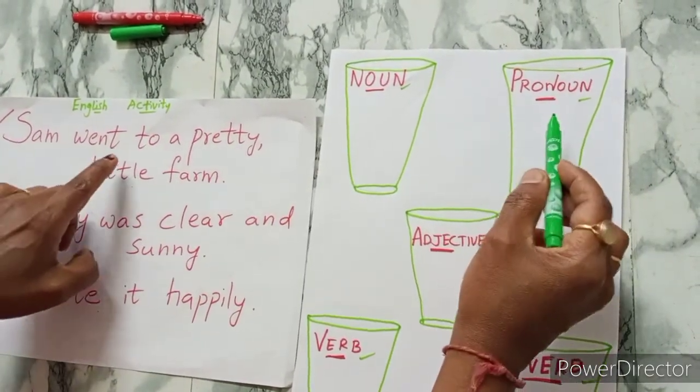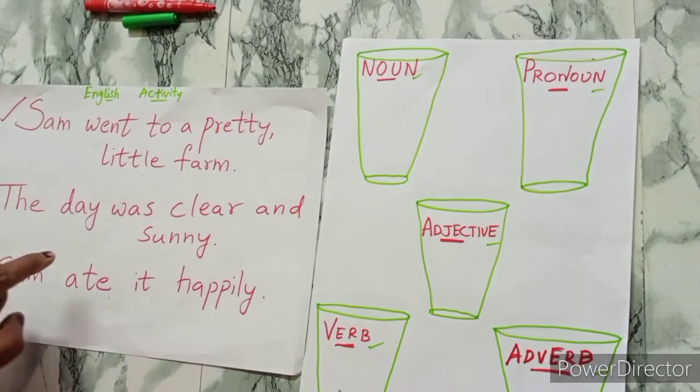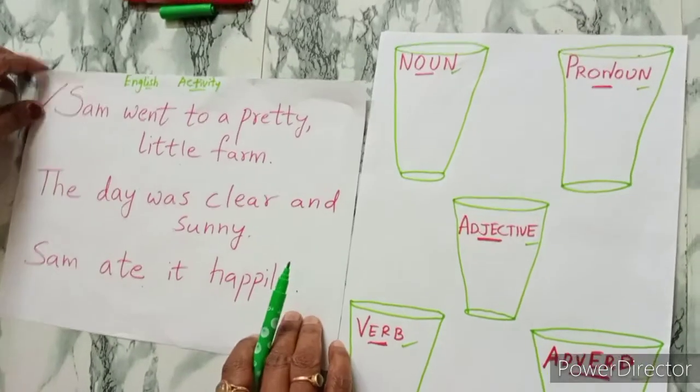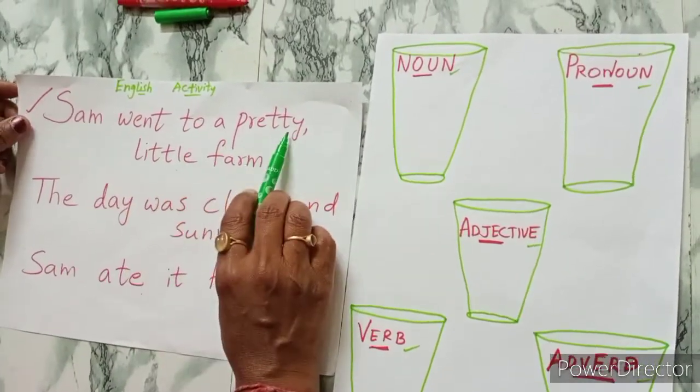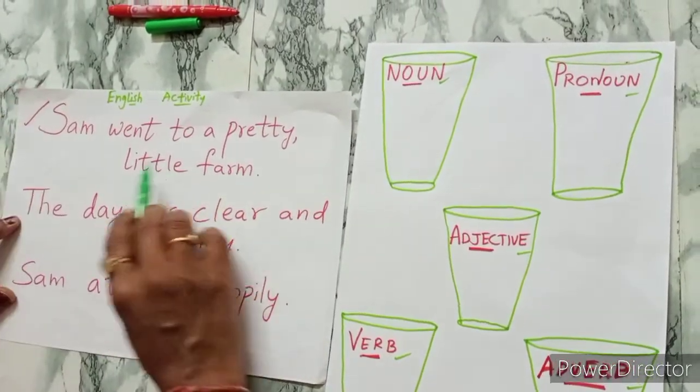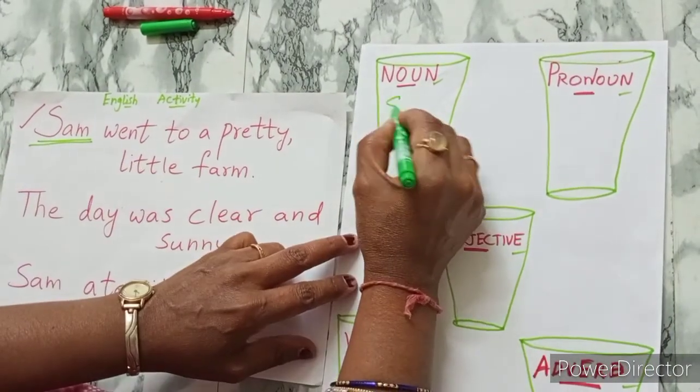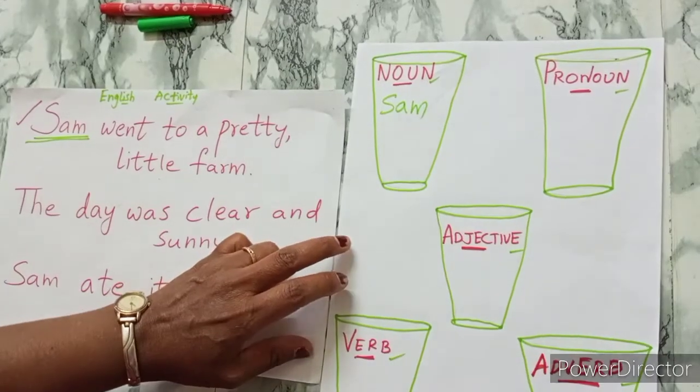If pronouns are there, pronouns box, then adjectives, verbs or adverbs. Now let us see. Sam went to a pretty little farm. What is the noun in this sentence? Sam is the noun. So in the noun glass we will write down Sam.